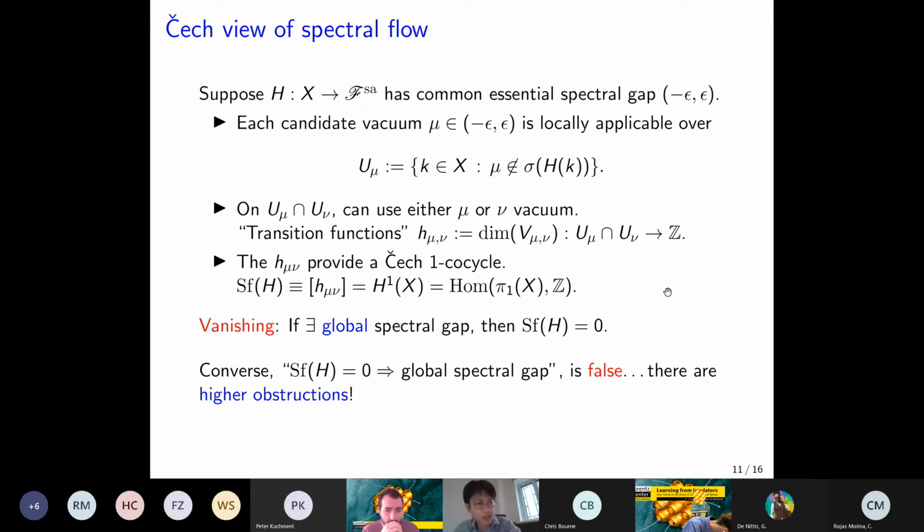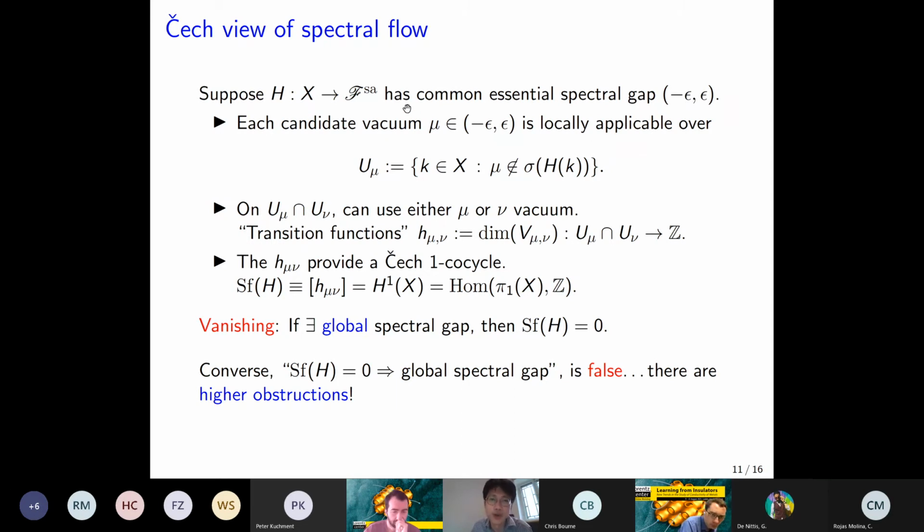So to get to the gerbe situation, I will first re-explain what spectral flow is from the Czech cohomology point of view, and in terms of the story that I told you at the beginning of the talk, with these switching vacuum levels. So suppose you have a family of self-adjoint Fredholm operators, and they share some common essential spectral gap. So each of these operators may have some discrete spectrum inside this gap. Okay.